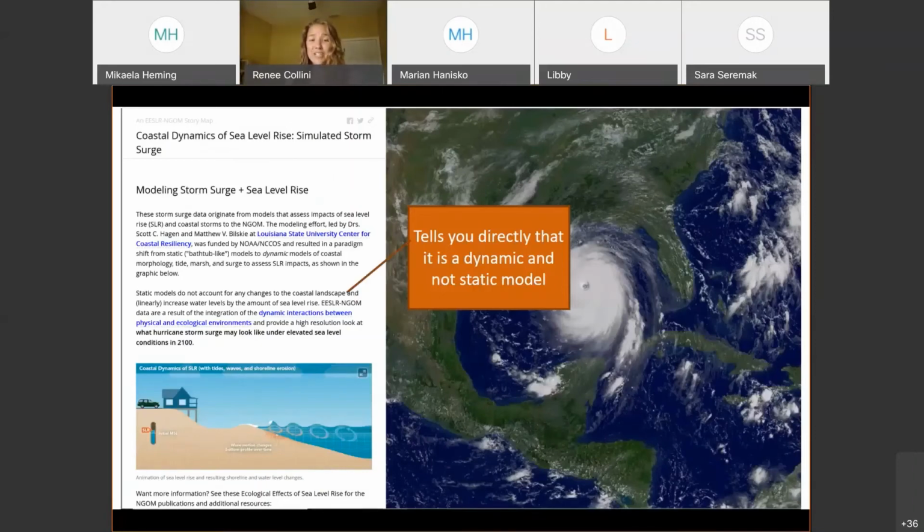Just like with those regionalized sea level rise projections, when we're talking about models that are dynamic, they're proud of it. It is computationally expensive, it's taken a lot of time and effort and money, and so they're probably going to let you know as close to upfront as they can why this particular model is more advanced or that it is dynamic.